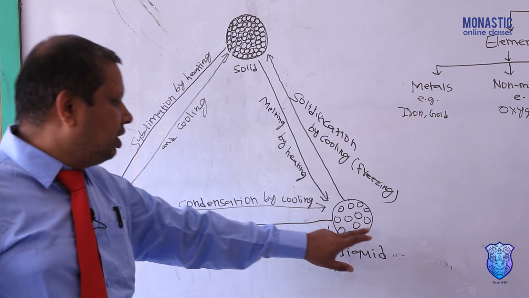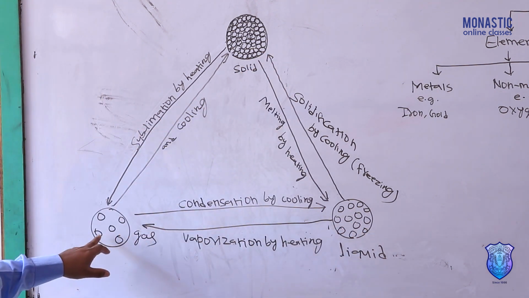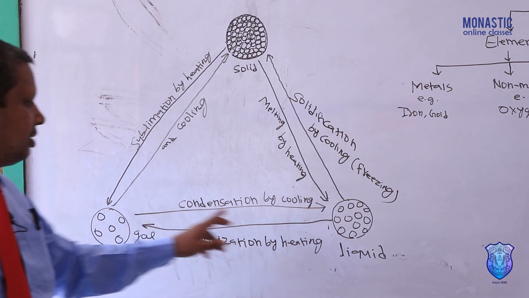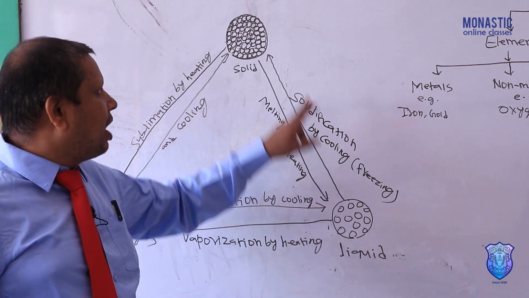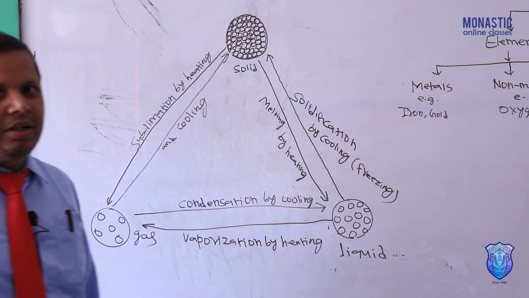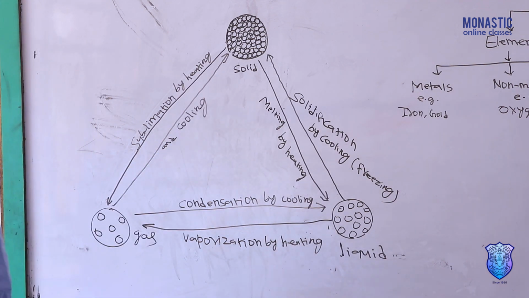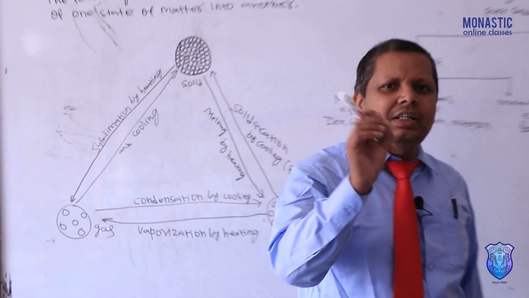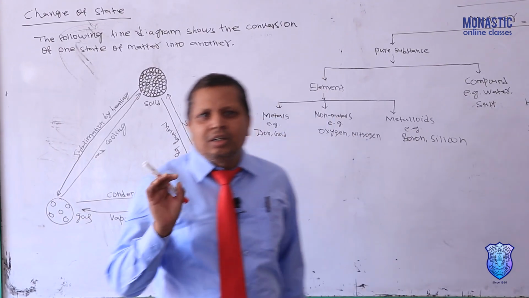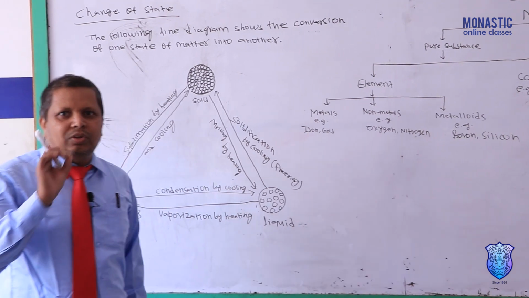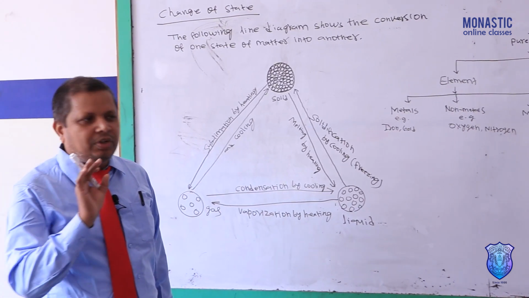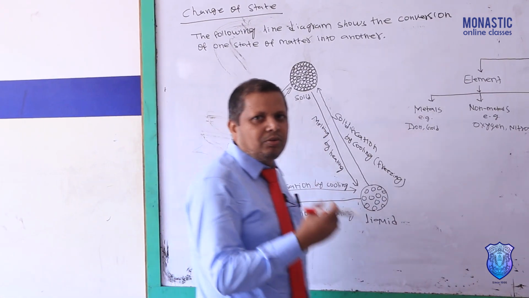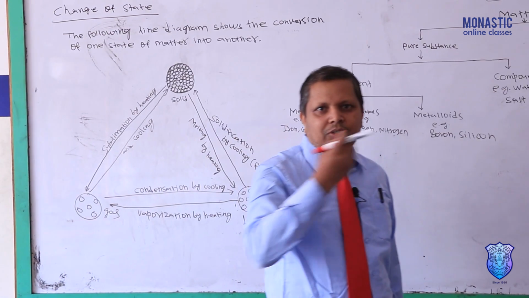Solid changes into liquid, liquid changes into vapor, vapor changes back into liquid, liquid changes back into solid on heating and cooling. Generally, a solid can change from one state to another: solid to liquid, liquid to gas, gas to liquid, liquid to solid.